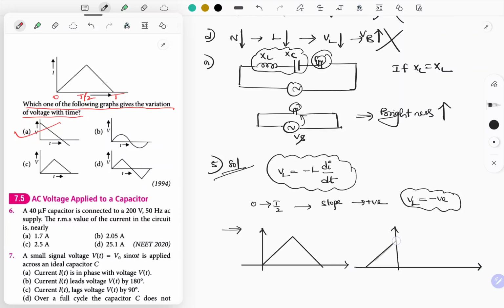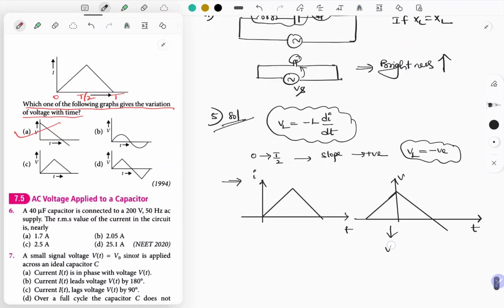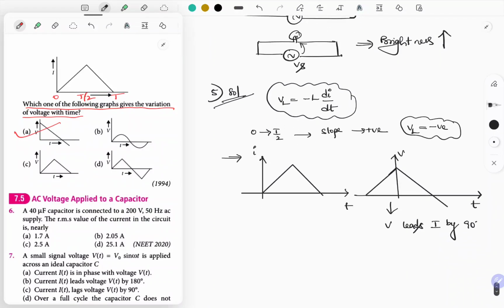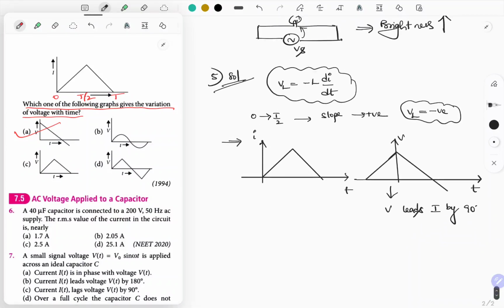Voltage leads the current by 90 degrees. So this is the actual representation of voltage with respect to time and current with respect to time, because here V leads I by 90 degrees. Voltage leads the current in an inductive circuit, and voltage lags the current in a capacitive circuit. This is a clue point to answer this kind of question.